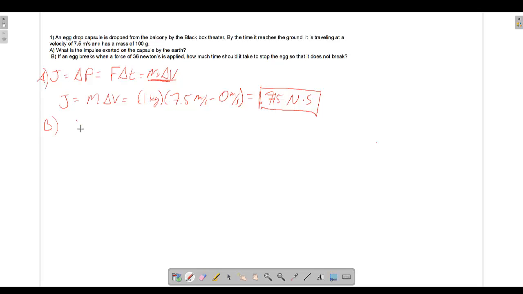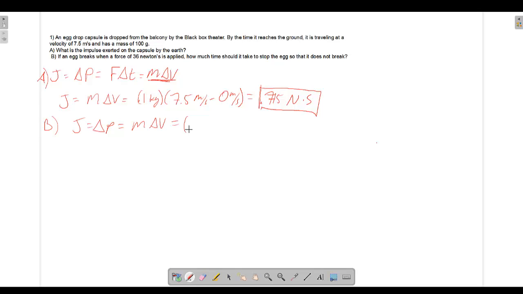So J, or delta P, the change in momentum, for when it's stopping is equal to, once again, M delta V. This time delta V is going to be from 7.5 meters per second to 0, because it's stopping when it hits the ground.